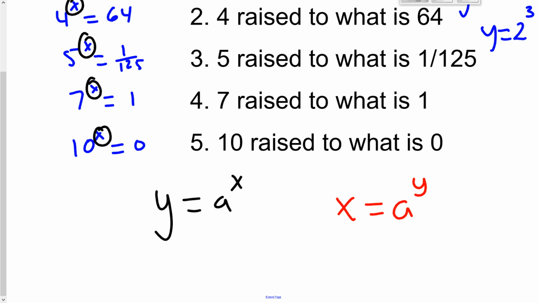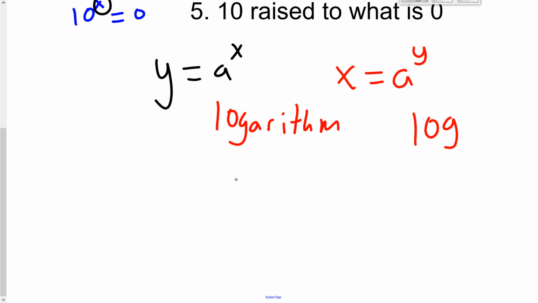And this type of exponent is called a logarithm. It's abbreviated just with log, and that stands for logarithm. So how we write this as an expression is like this: log base a of x. That's how you say it, log with base a of x, or you can say logarithm of x with a base of a.